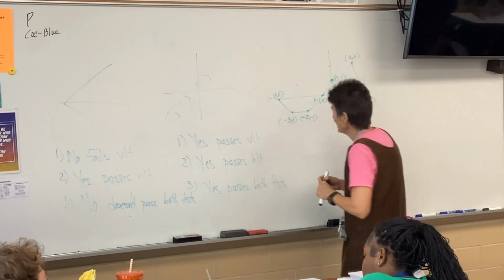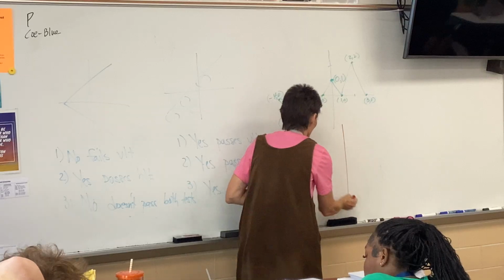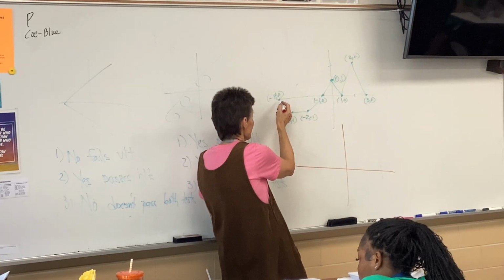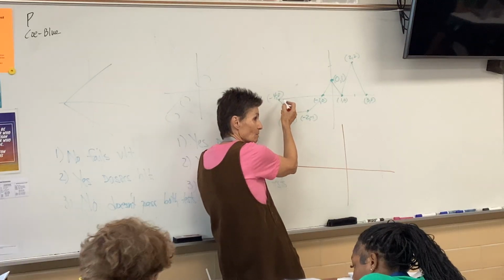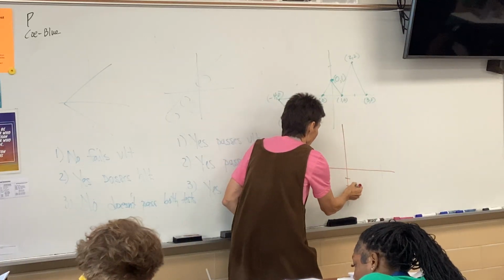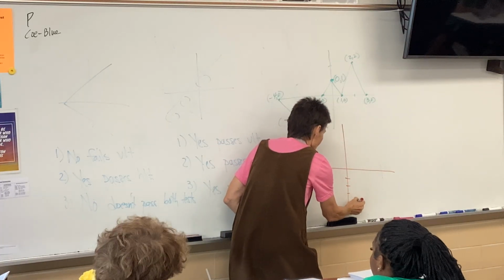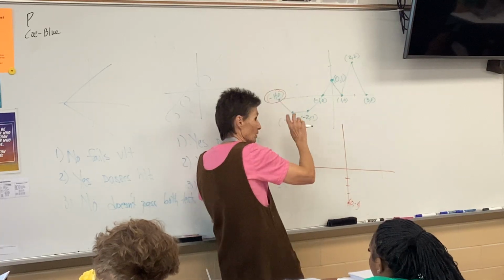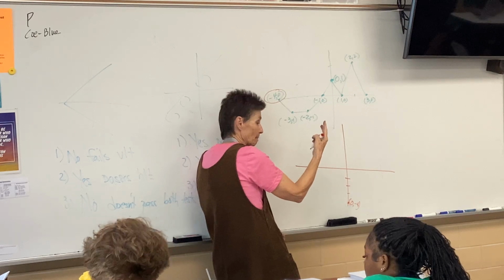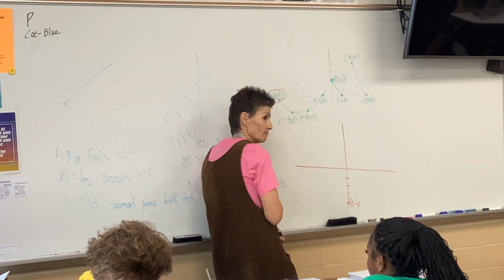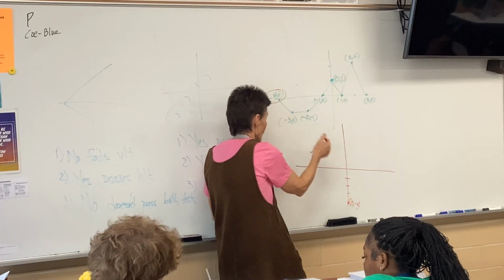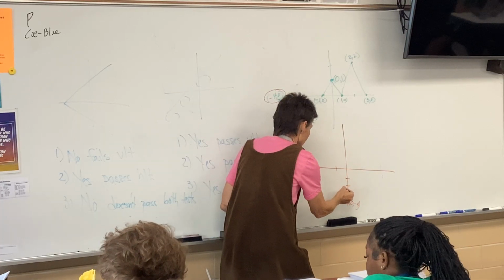I am gonna flip my x's and my y's. So in other words, I'll just start over here. Instead of plotting -4, 0, I'm gonna plot 0, -4. So that point right there, I flip the x and y and plot the new point. And then this one would be -1, -3.